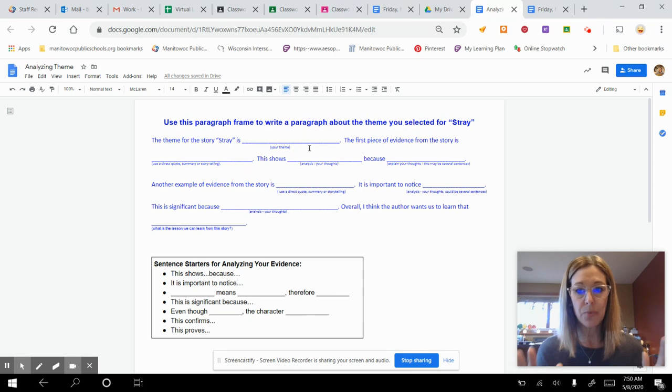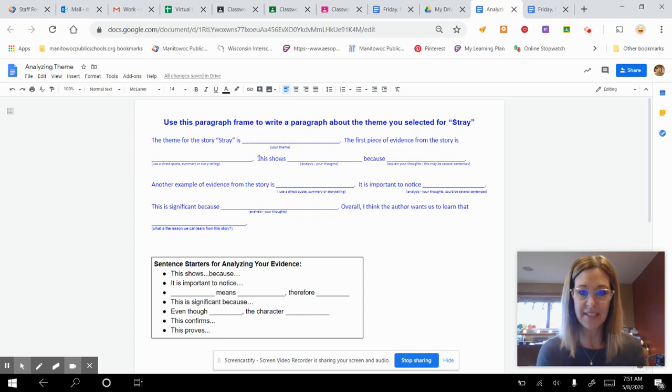Remember, there really isn't a right or wrong answer, but you have to be able to support it with evidence. The first piece of evidence from the story is, and here's where you're going to use that direct quote, something Doris says, something her parents say, or you can summarize or do a little bit of storytelling, like it's a piece of evidence that supports your theme.